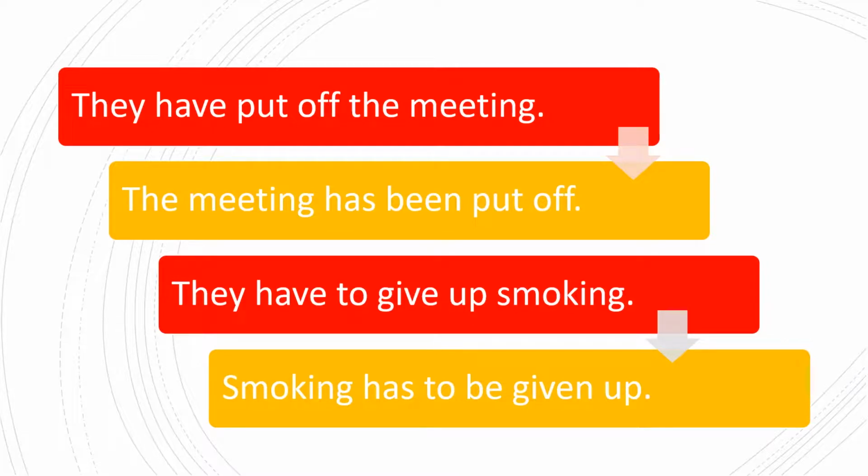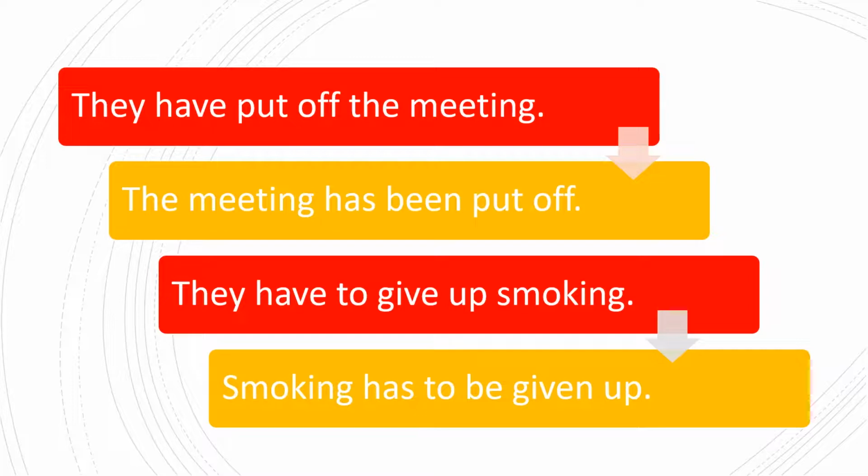Because they have put, this is present perfect. So we have the meeting, the object, plus has been. Has been is the present perfect of verb to be. Put off, this is the past participle of the verb put, because it does not change.